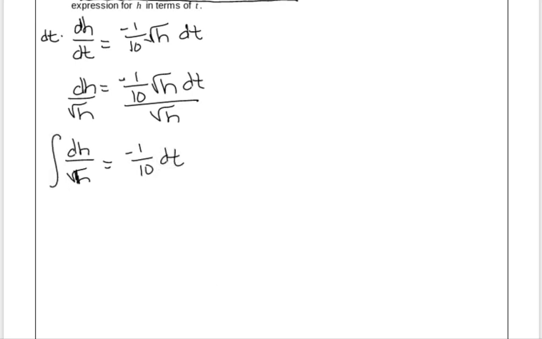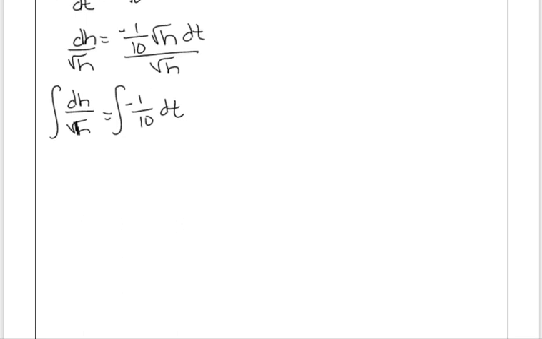And we're going to put in our integrals now that we've separated the variables. So I'm going to go ahead and rewrite this. Instead of the square root of h on the bottom, I'm going to make it h to the negative 1/2. And on the right side, I'm going to go ahead and do the antiderivative right away. So this is negative 1 over 10 t plus c.